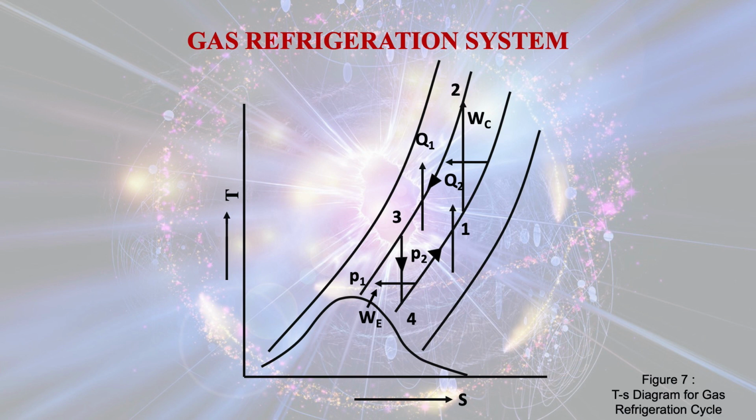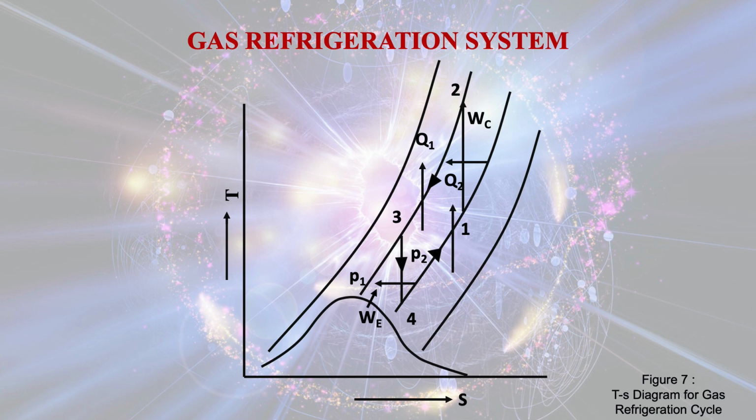So in this process heat is continuously taken at a low temperature region, and heat is given out to the surroundings during the process 2 to 3, that is Q2.